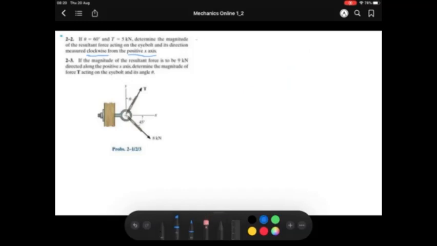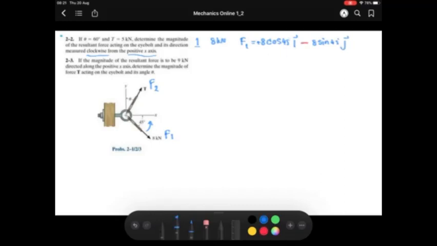For the first step, let's start with the 8 kilonewtons as F1, and then continue with T as F2. F1 you can write as 8 cos 45 in terms of the vector i, which is plus, and 8 sin 45 degrees in terms of j, and this one is minus.